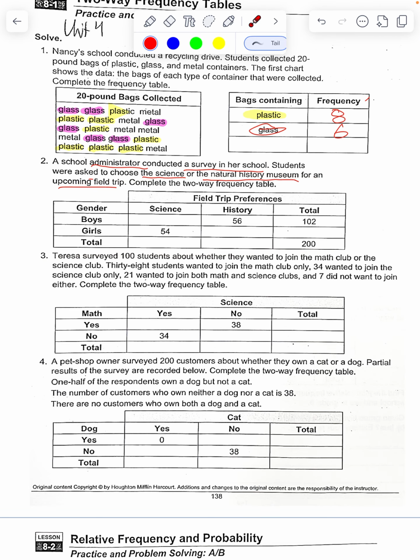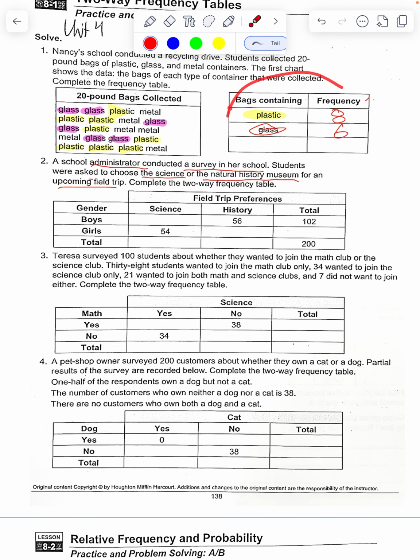What does two-way mean? We have columns and we have rows. We have two things. The columns mean science or history museum, and on the other side, we have boys or girls. We have gender. We have two different categories.